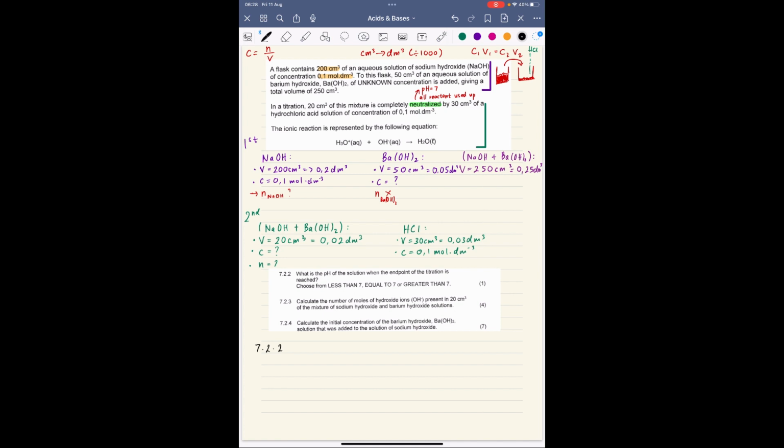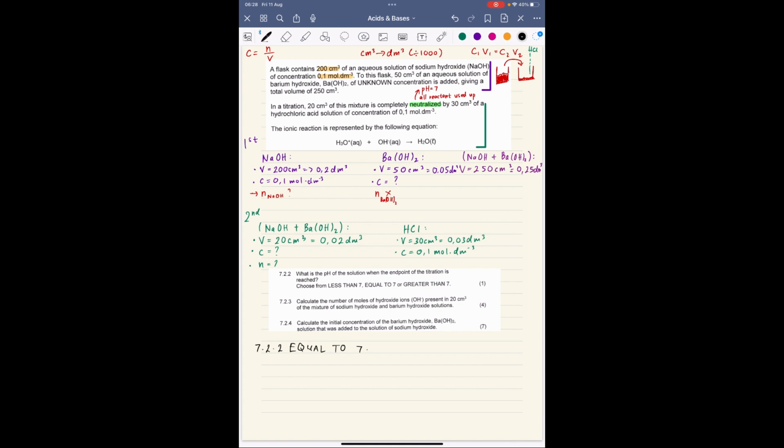It says choose from less than 7, equal to 7, or greater than 7. The answer is equal to 7. You get your 1 mark there. Now, if they asked you to give a reason for this, then you would say it's equal to 7 because this is a neutralization reaction. That's it. The word neutralize tells us it's a neutralization reaction.